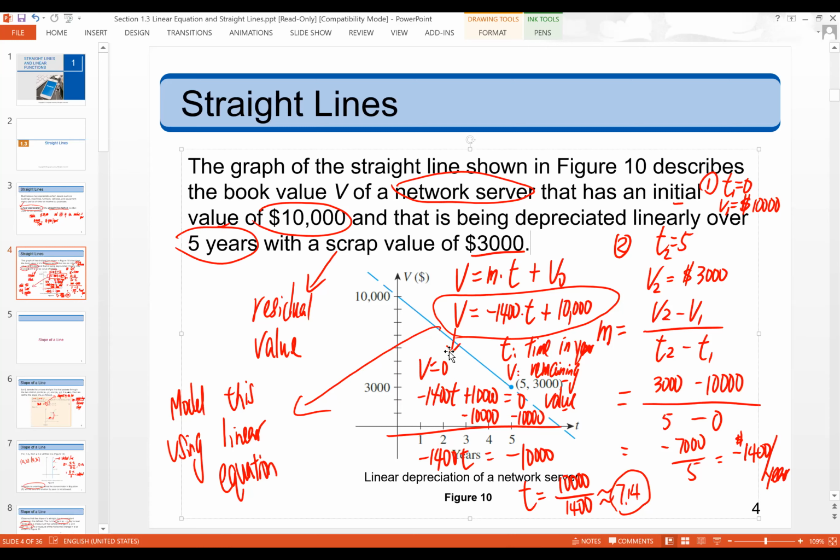That means total remaining value V equals 0, and that means negative 1,400 t plus 10,000 equals 0. And then we solve for t. And t turned out to be 7.14, meaning somewhere between 7 and 8 years, the server loses all its value.